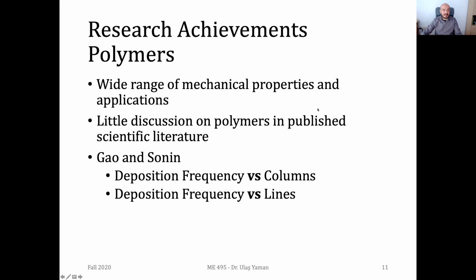Now in this part of the chapter, we'll be focusing on some research achievements, especially in polymers and polymer materials during this deposition. These are mainly for material jetting, not for binder jetting, but we will discuss some issues with binder jetting in a moment.